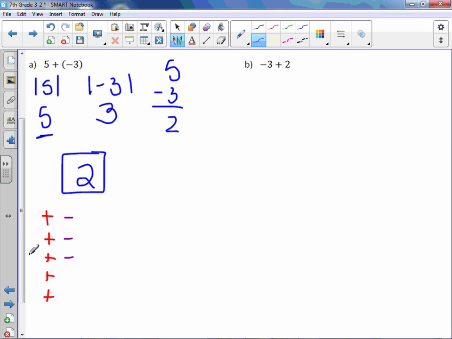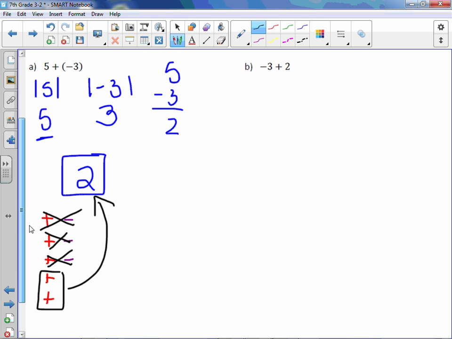So again, positive 5, negative 3. Well, opposites attract, and these pairs of a positive and a negative are referred to as zeros, which means they go away. So those match up and go away, those go away, those go away, and now look what you have left. 2 positives, or positive 2.